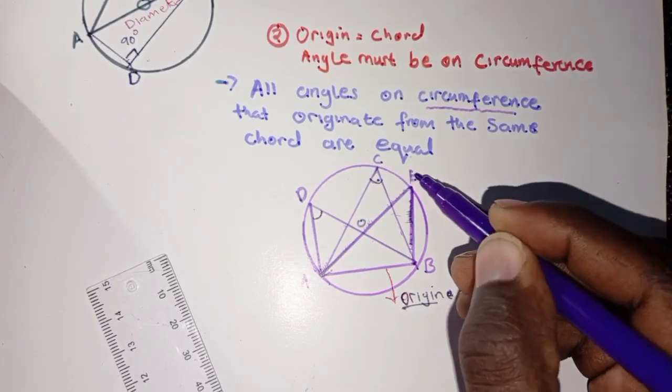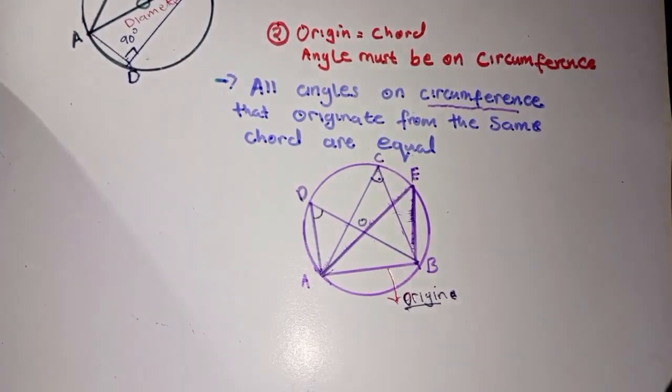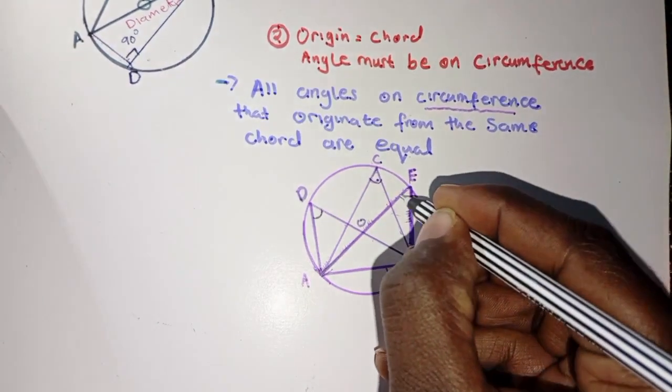So according to the property, if you follow the property very well, all these angles are equal. Angle D, angle C, and angle E, they are all equal.